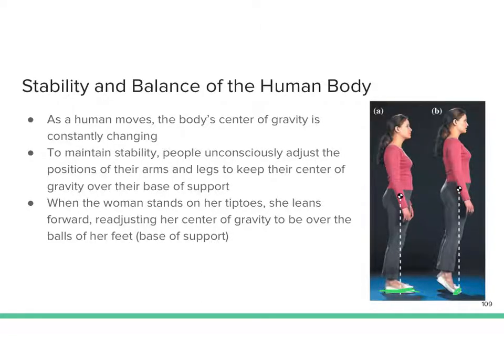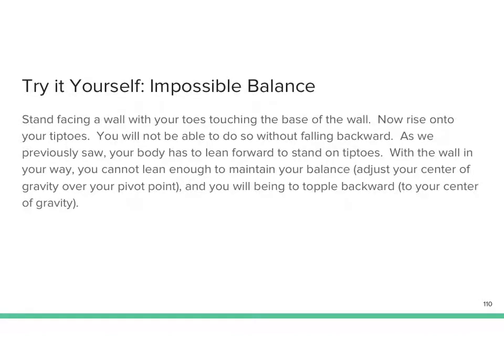So when you go up to your tippy toes, your center of mass has to go over your tippy toes, when before your center of mass was just over your feet. So if you face the wall and your feet are touching the wall, you can't stand on your tippy toes because you can't get your center of mass over the pivot point. And that's the point of this right here. This is the impossible balance. So that's just walking you through what I just talked about.